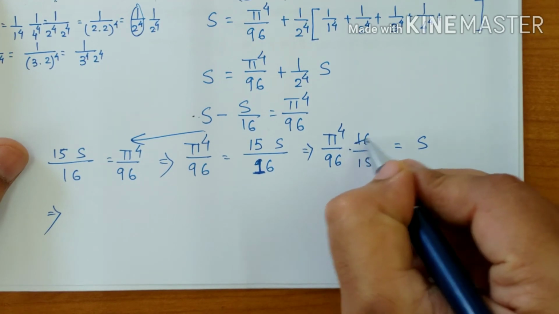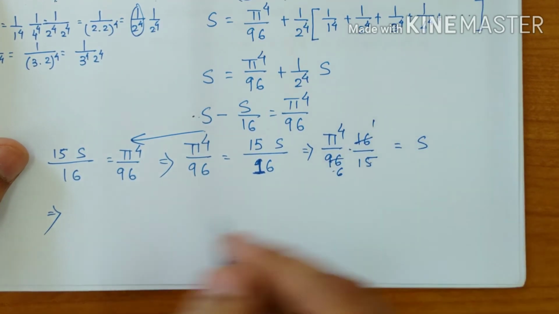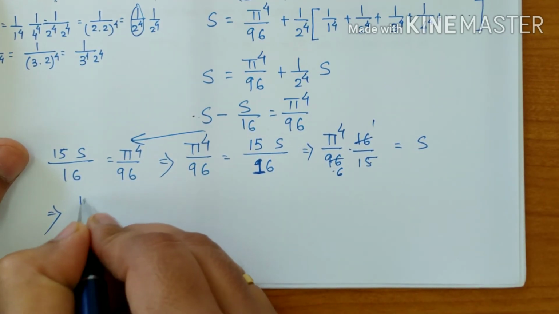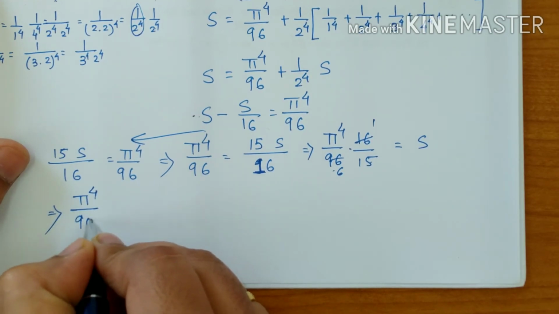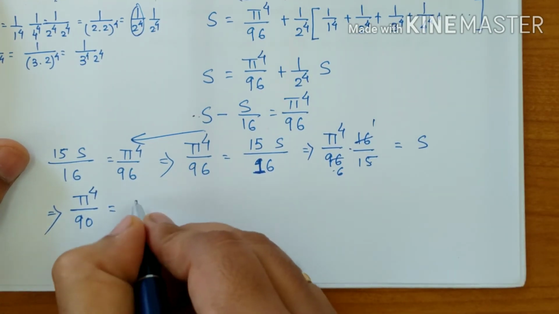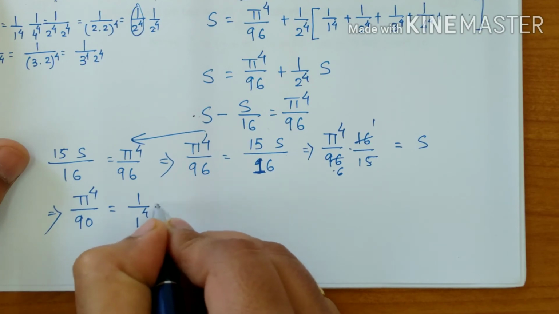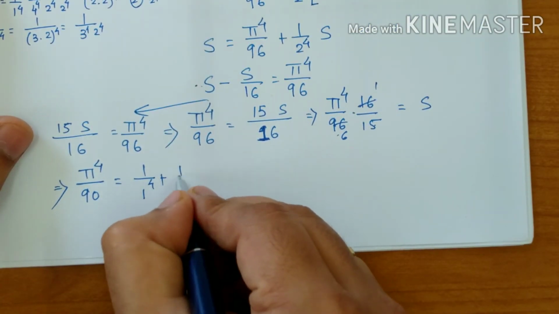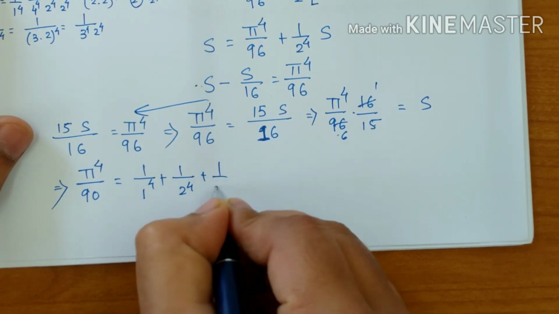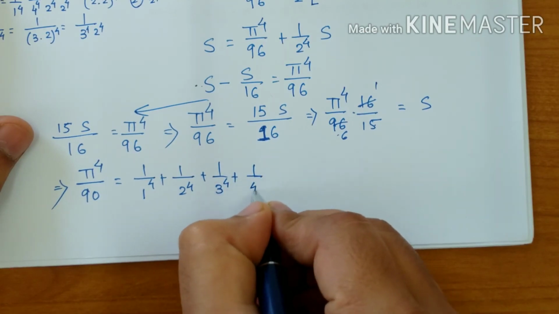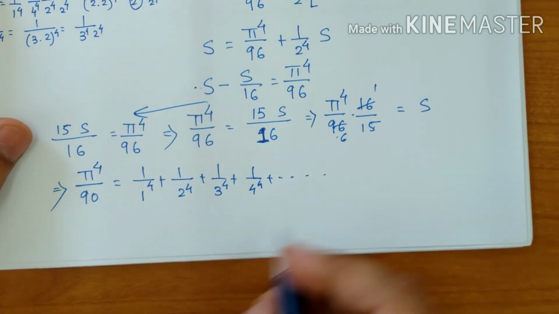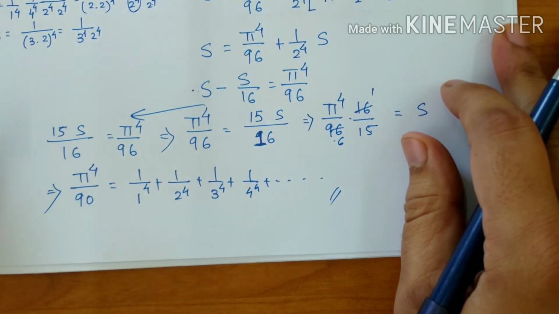Is it? So 15 6, 90 is equal to S, and S is nothing but your 1 upon 1 raised to 4 plus 1 upon 2 raised to 4 plus 1 upon 3 raised to 4 plus 1 upon 4 raised to 4 plus and so on, which is your second deduction.